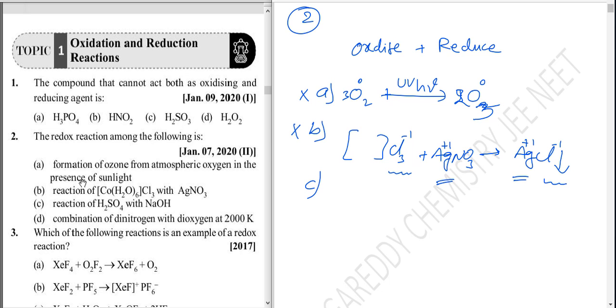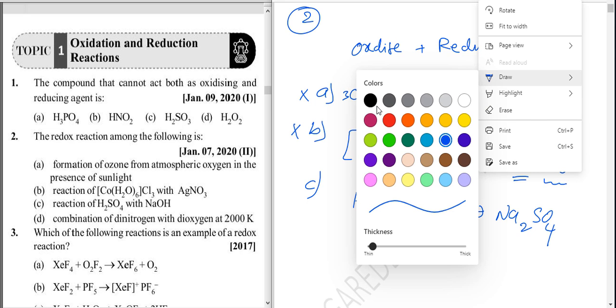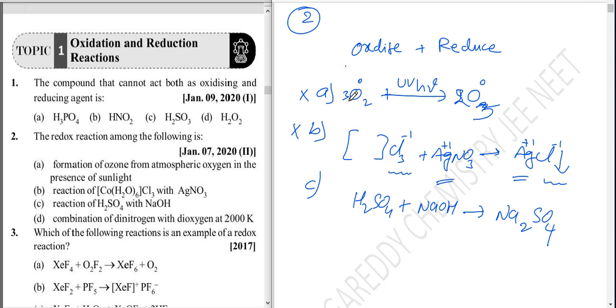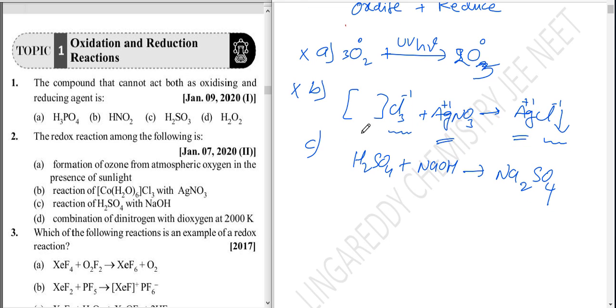Next, C option, reaction of H2SO4 with NaOH. What will it be? Acid plus base equals salt. Sodium sulfate. In sodium sulfate, see, hydrogen is plus 1, the sulfate is minus 2.